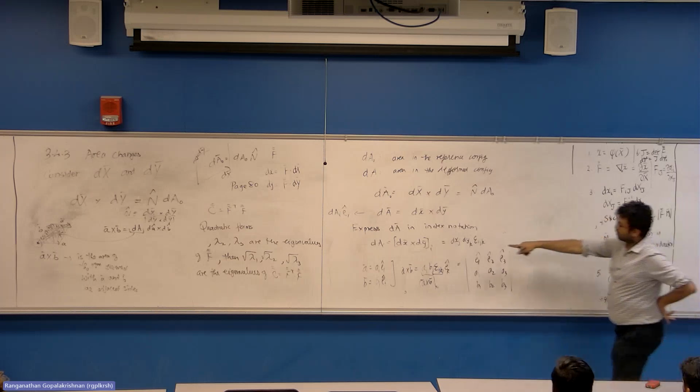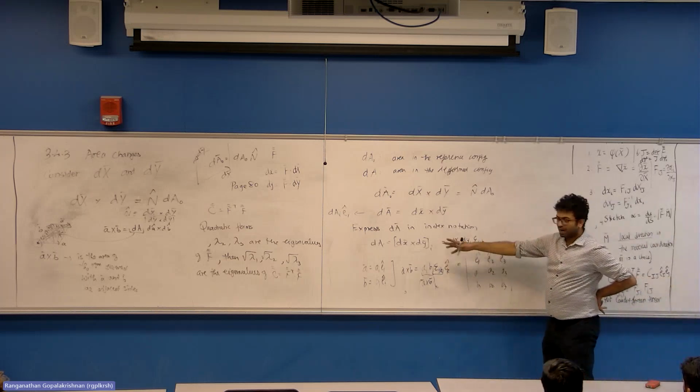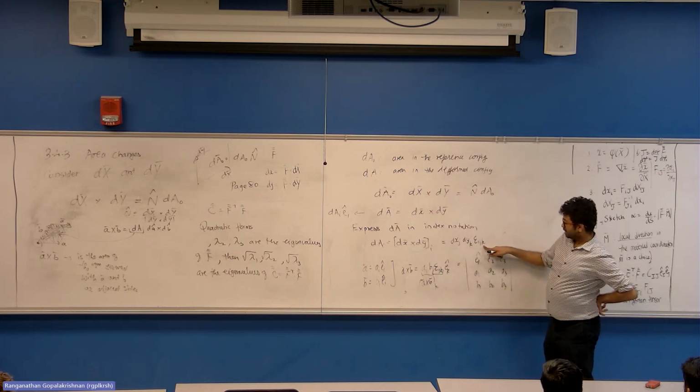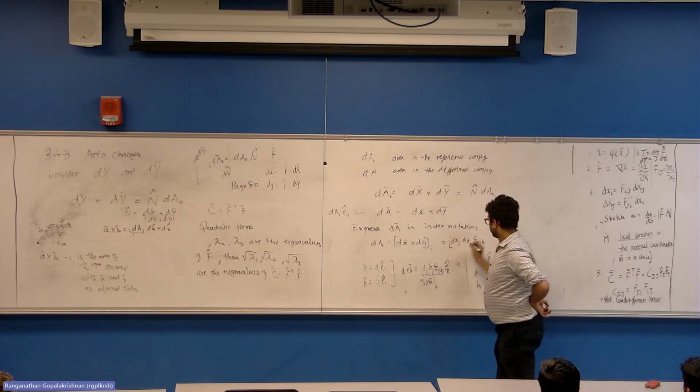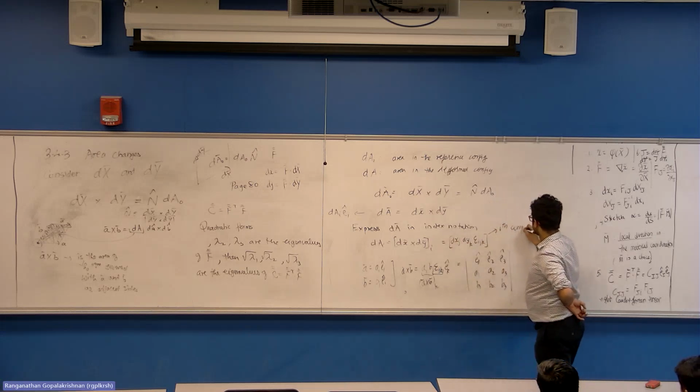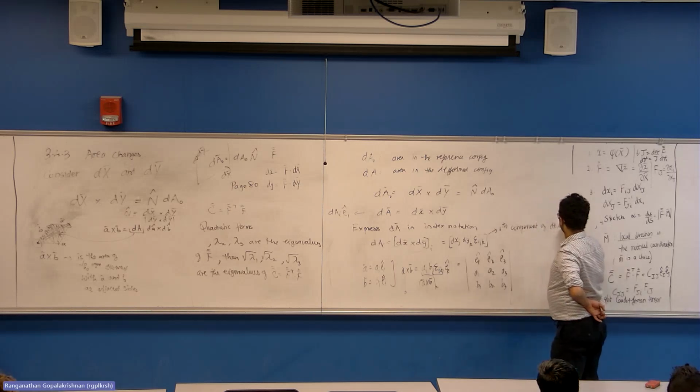So if I want the ith component, i, j, k are all just labels, dummy indices. I'll call it dx_j dy_k multiplied by epsilon_ijk. This would be the ith component of dx cross dy.